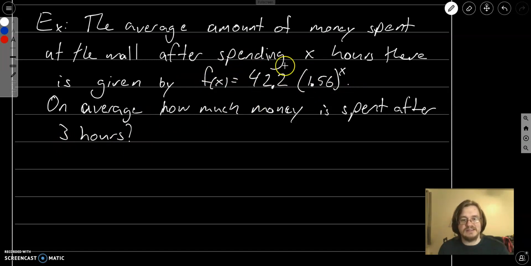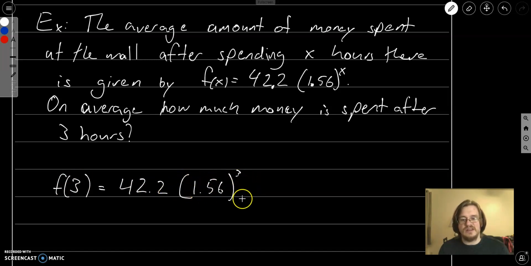So if x is the number of hours there, I just need to plug in 3 for x. So f of 3 is going to be 42.2 times 1.56 raised to the 3rd power. And I did this off screen, so this is going to be $160 and 21 cents. This is rounded to the nearest cent.